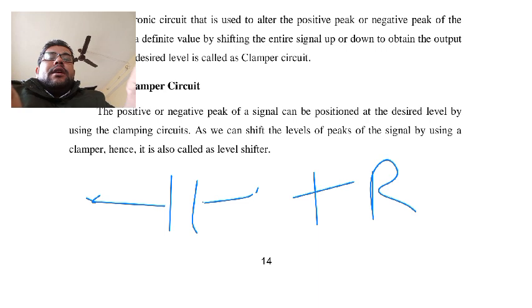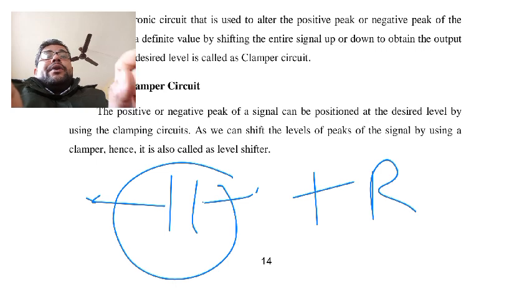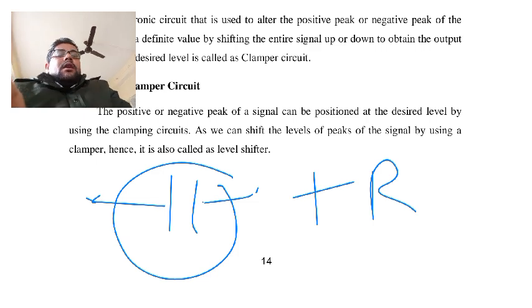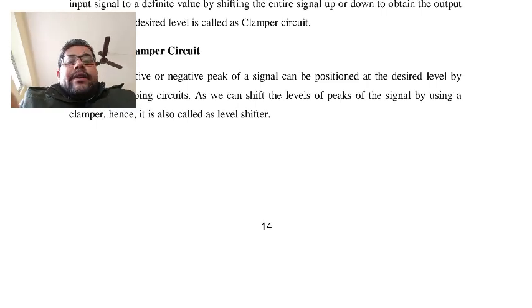Why are we using the capacitor? Because we want to shift the input to a desired level. For shifting, the capacitor will store the energy, and based on that stored energy, we can shift the input to the desired level.